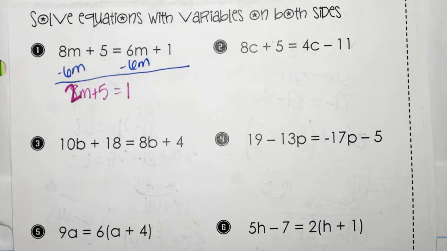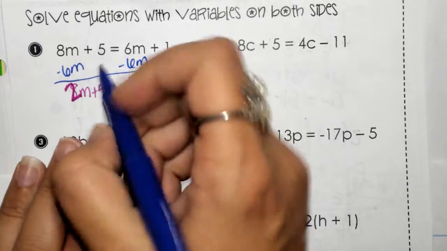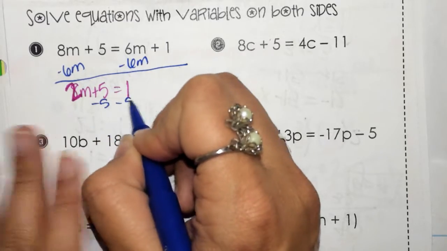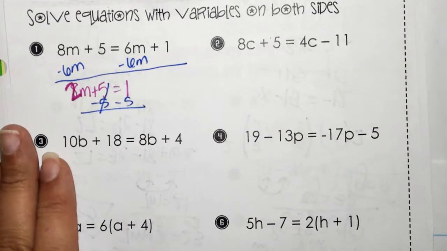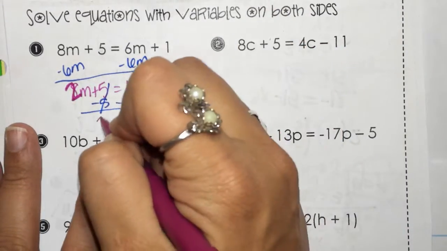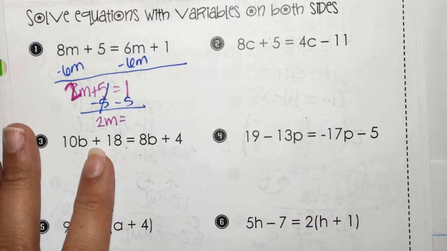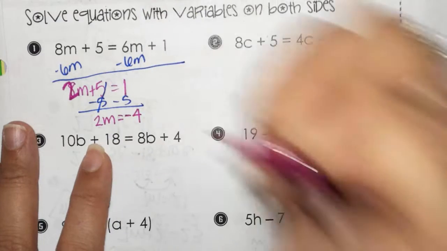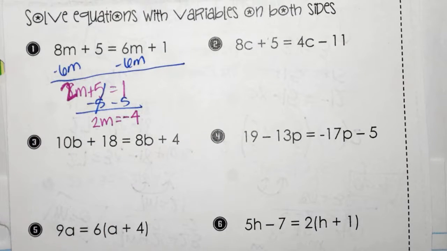Alright, so what do I do from here? Yes. Take a point if you said subtract 5. Alright, now I'm going to write the correct thing this time, and 1 minus 5 is negative 4, correct? Okay, hallelujah. I get a point.